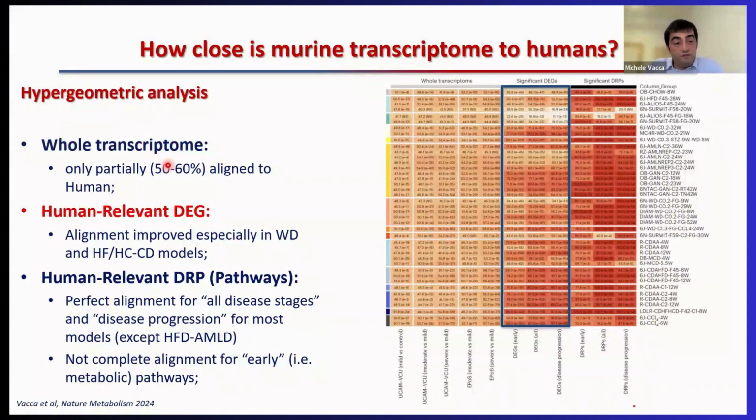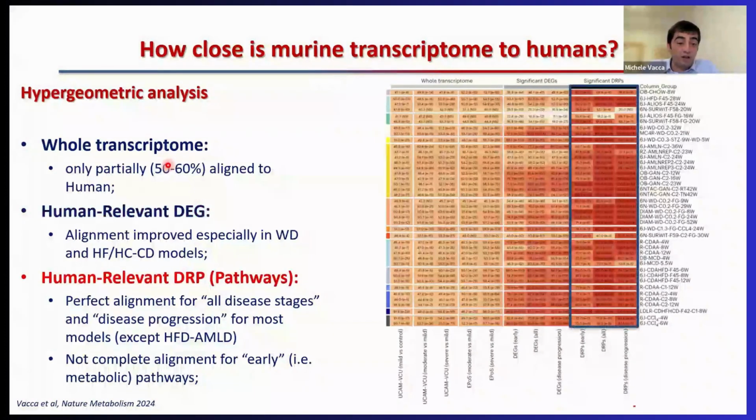Intriguingly, when you start focusing on disease-relevant differentially expressed genes in humans, as described in the previous slide, the alignment increases massively, and especially in the Western diets and in the choline-deficient models when supplemented with fat and/or cholesterol.